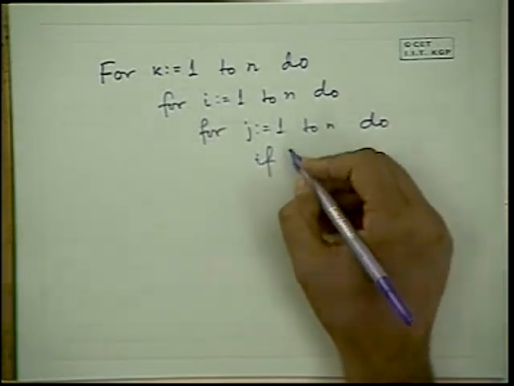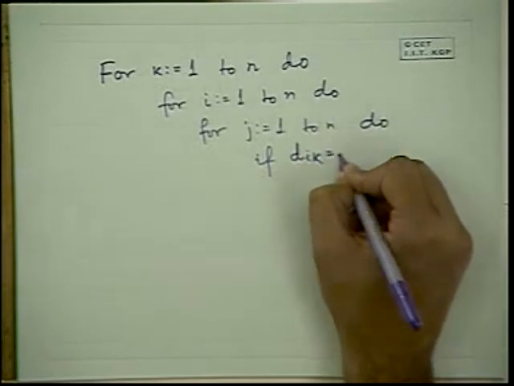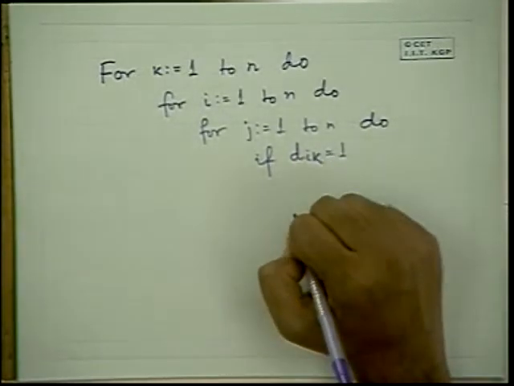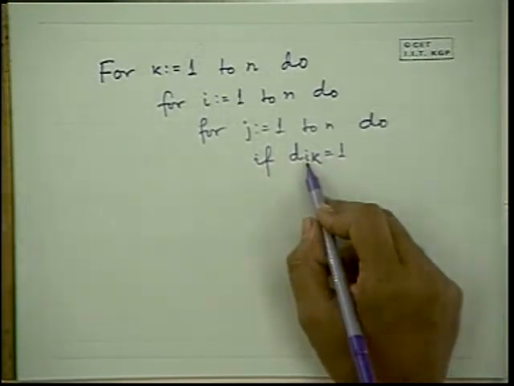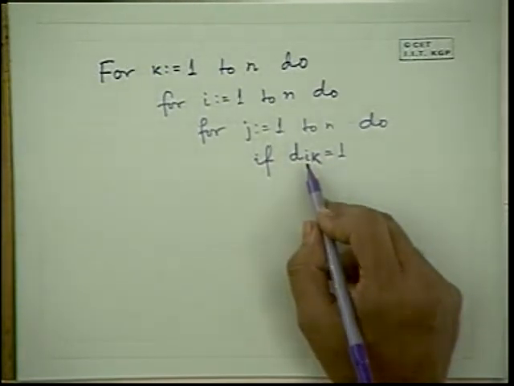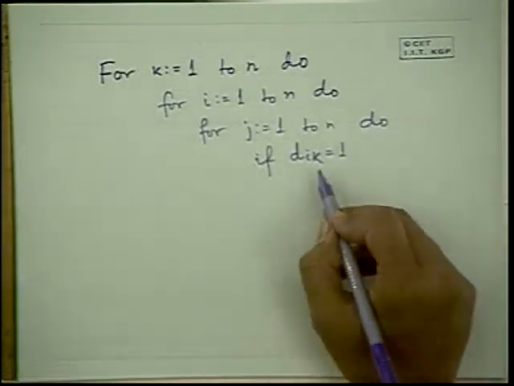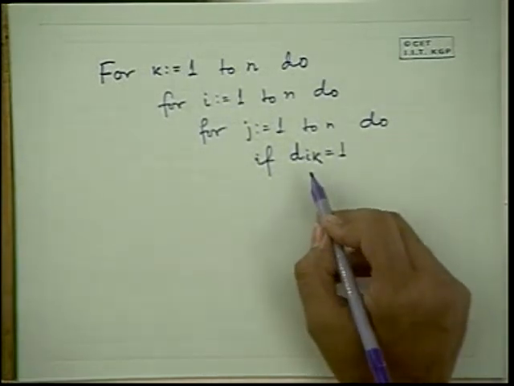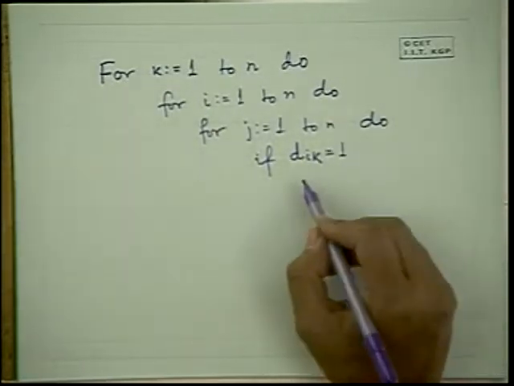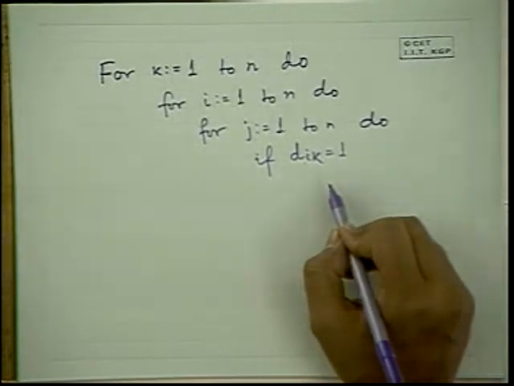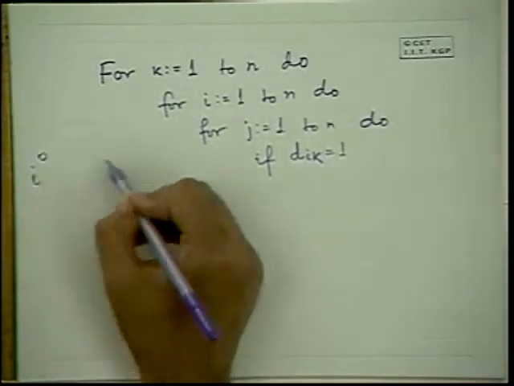So here you are checking if d_ik is equal to 1. What does it mean? The path between i to k, before this iteration, can have all the vertices less than or equal to k minus 1, and in this iteration you are allowed to have the vertex k. So here is i, here is j.